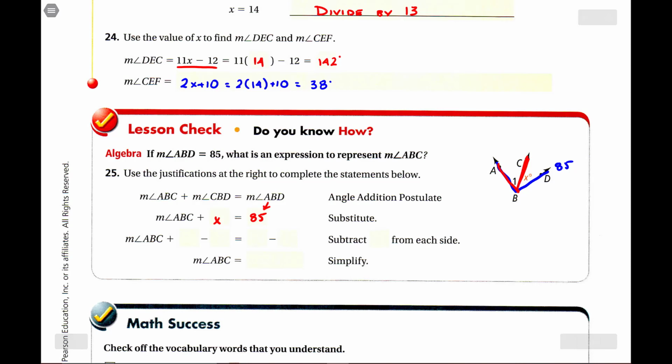We're also shown on the diagram that CBD is X. If I subtract X from each side, the X's cancel one another, and I'm left with the measure of angle ABC on the left, which is equal to 85 minus X. So that's the review, hopefully, of measuring angles.